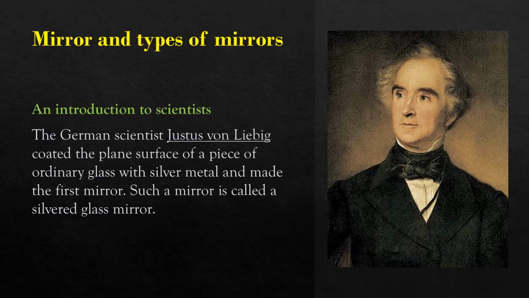He coated the plain surface of a piece of ordinary glass. सादा सा ग्लास लेकर उसके बैक साइड पे सिल्वर मेटल से कोटिंग किया गया था and that made the first mirror. Such a mirror is called a silvered glass mirror. ठीक है, so let's understand about the silvered glass mirror also in detail.